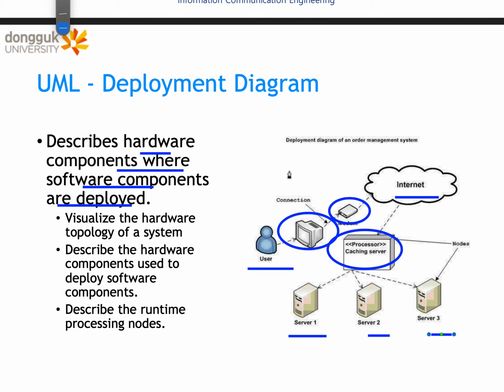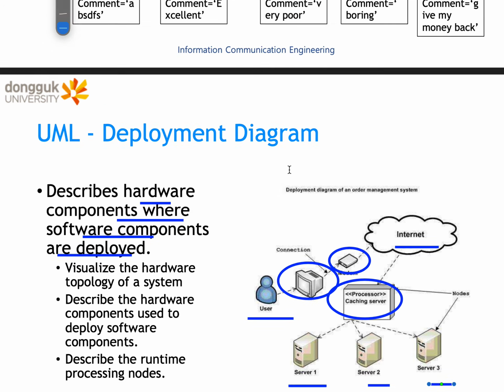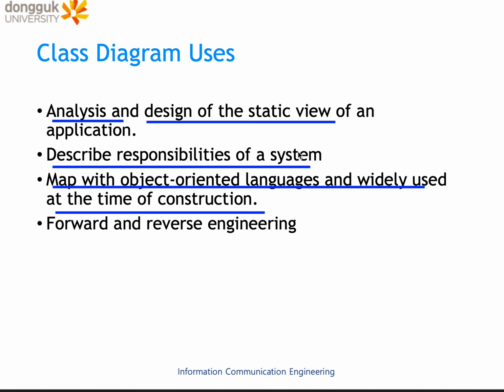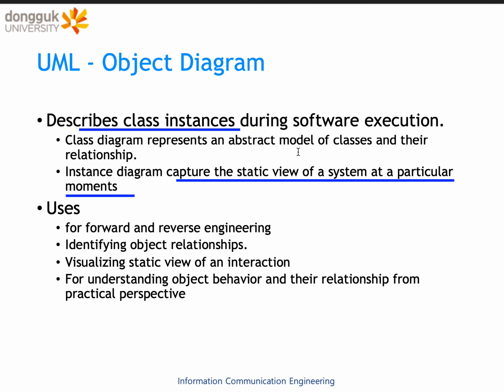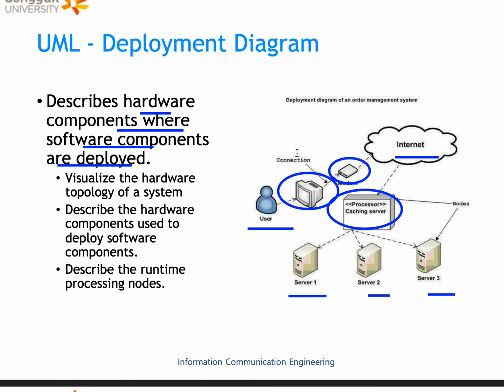Your customer may not have interest in class or object diagrams, but the customer will definitely have interest in this kind of deployment diagram, because the deployment diagram shows hardware components and users, so that gives further understanding of the system to the customer.